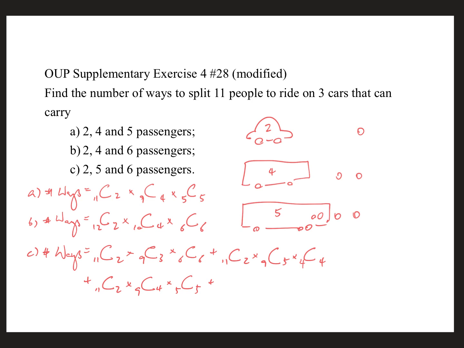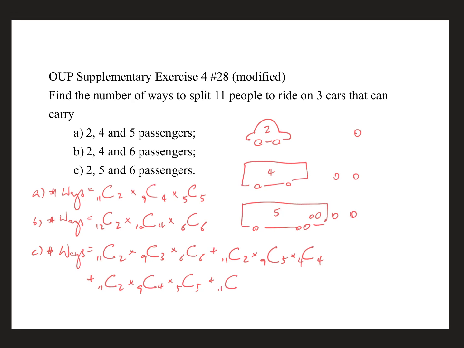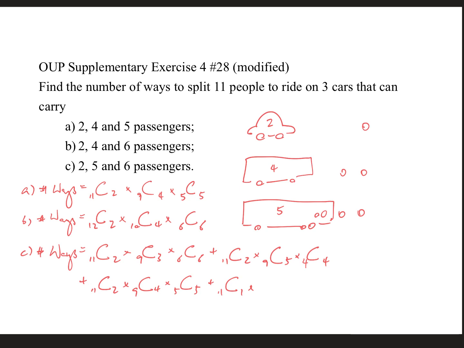Now the final case: 1 empty seat in the first car and 1 empty seat in the second or third car. So 1 empty seat in the first car means that we choose just 1 of the 11 persons. Now, notice that we have 1 empty seat in the second or third car.